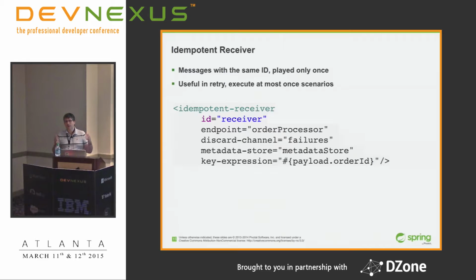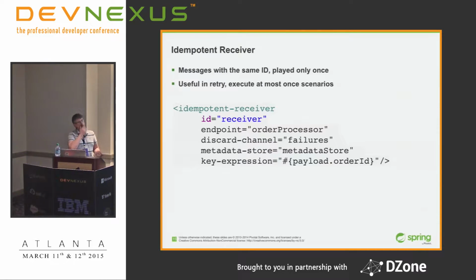So there are very specific scenarios where you want a message to be processed only once and make sure that it's processed only once. Previously, it was possible to do it with a custom filter that monitored the messages that have been processed. But in fact, it's a very good idea to have a dedicated component for that.